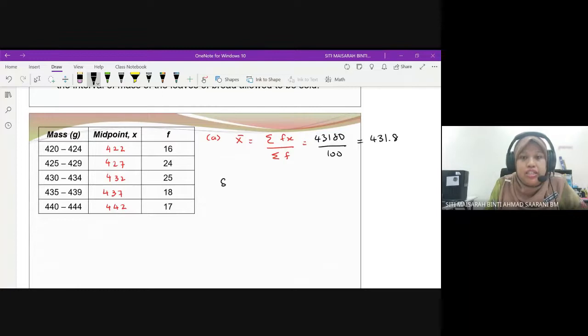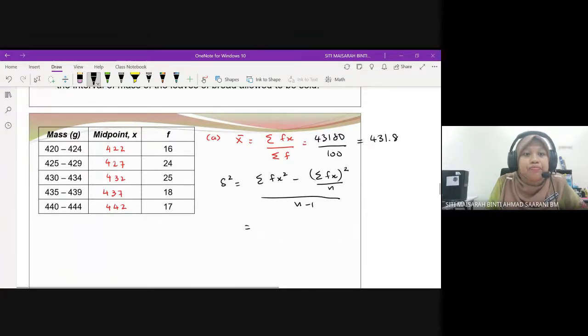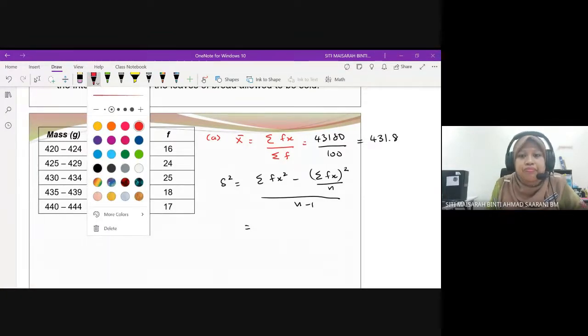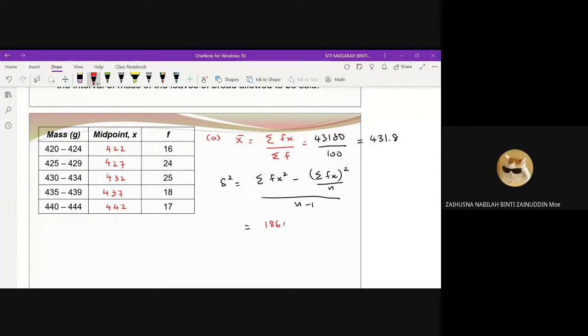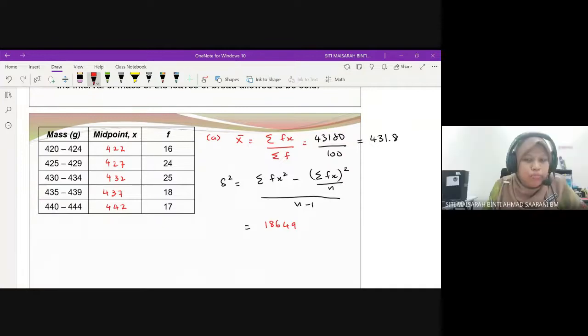Then cari variance. S square is sum Fx square minus sum Fx square over n minus 1. Sum Fx square berapa? Baca dekat sum x square. 1864970. 1864970 minus 3180 square divide by 100 over 100 minus 1.